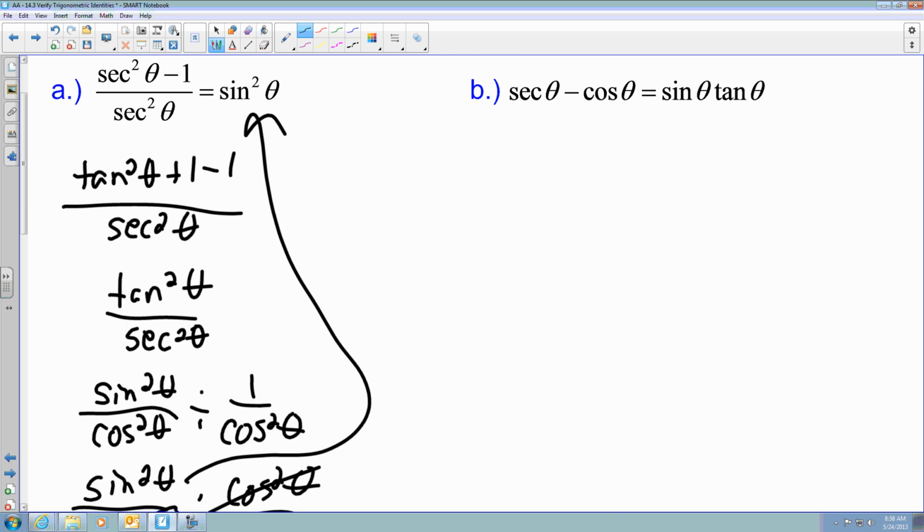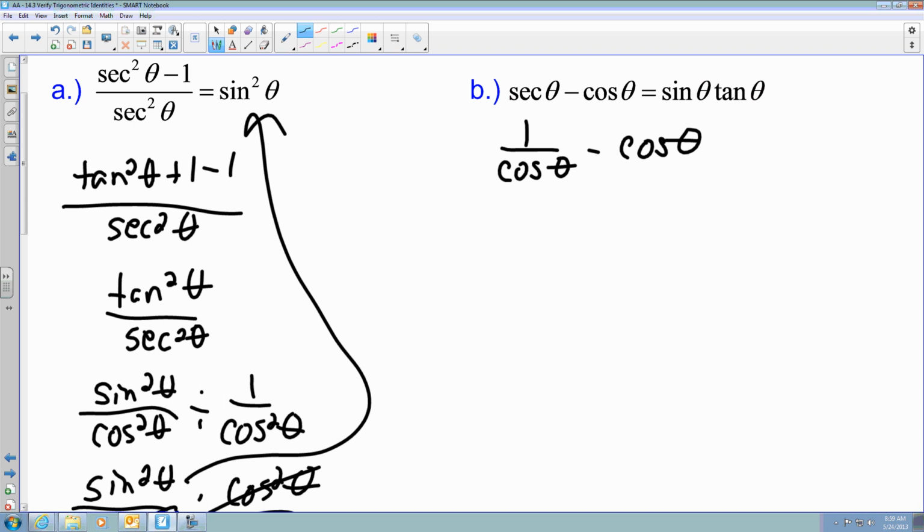If we look at B, I have secant theta minus cosine theta, and I want that to equal sine theta multiplied by tangent theta. So the first thing I'm going to do is look at secant theta, and I can rewrite this as 1 over cosine theta minus cosine theta. I want to combine those two expressions, so I need to find a least common denominator.